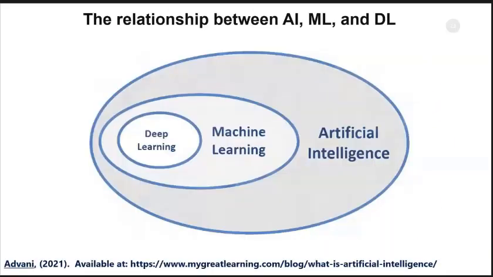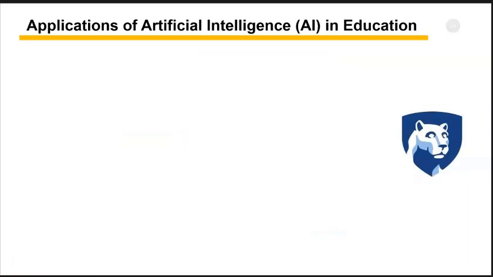But what is the relationship between all these subdomains? As we can see, artificial intelligence is the umbrella of these domains, deep learning is a subdomain of machine learning, and machine learning is a subdomain of artificial intelligence. Let's move now to the application of artificial intelligence in education.